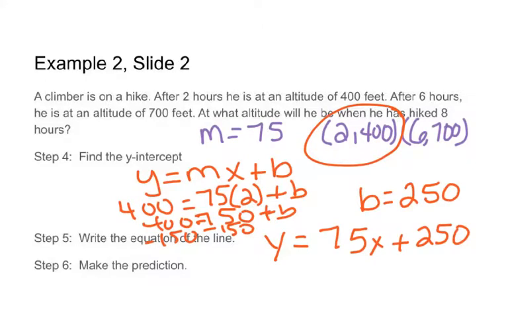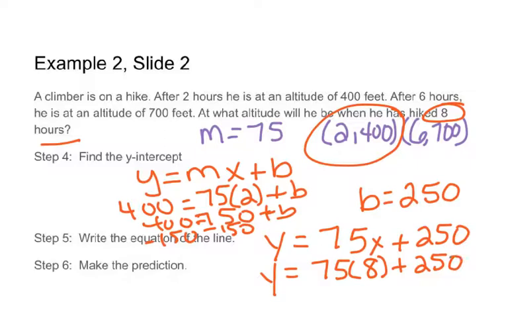Make a prediction. He's going to hike 8 hours. So remember, hours was the x value. So we have 75 times the 8 plus 250. So we're going to do 75 times 8.